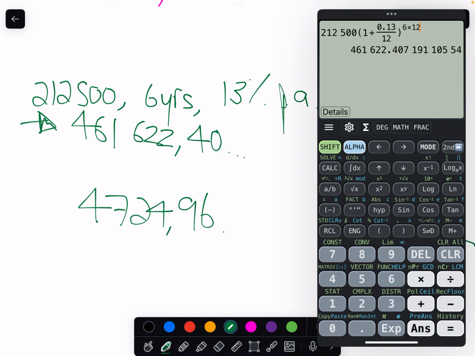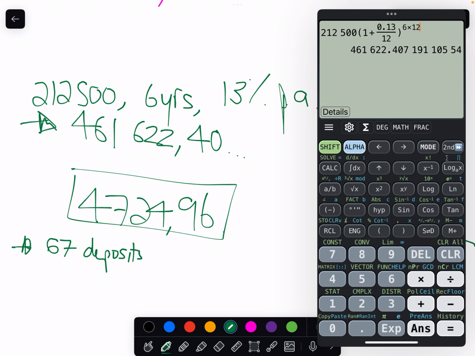And then this guy over here, Thabo's going to make 67 of these deposits, okay? And they're also going to grow under these conditions. So let's see what that will come to.